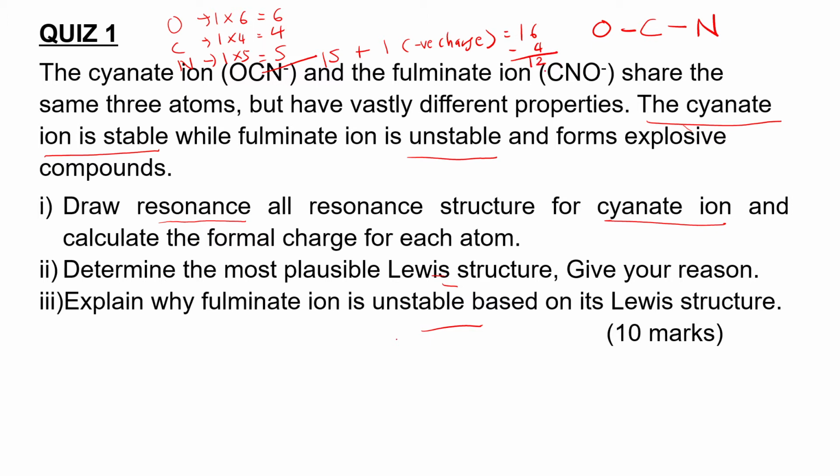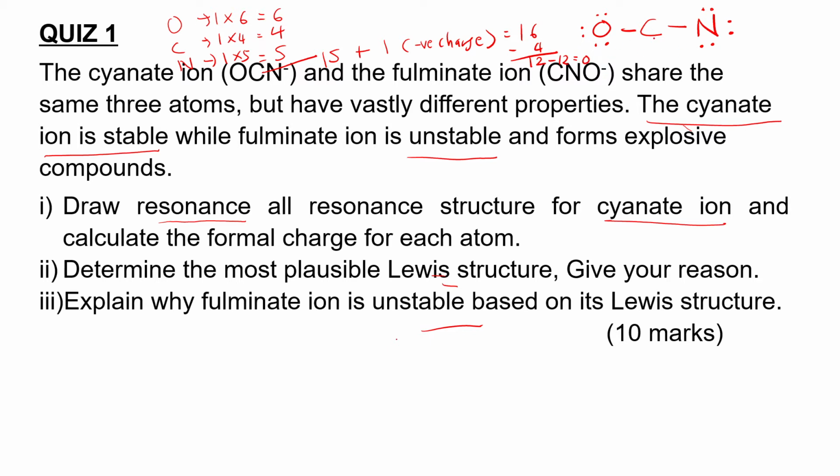This 12 valence electrons we distribute to the terminal atoms, to make sure the terminal atoms achieve octet first before the central atom. So 2, 4, 6, 8, 10, and 12. So we have used 12 electrons, so we have no more electrons.